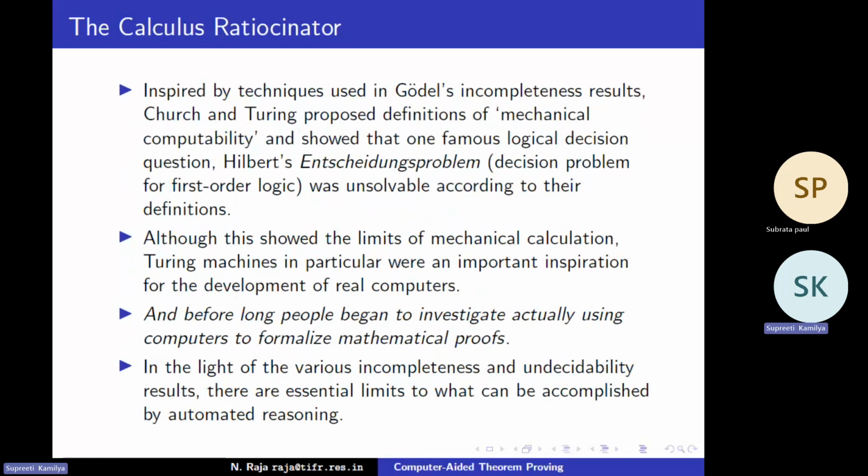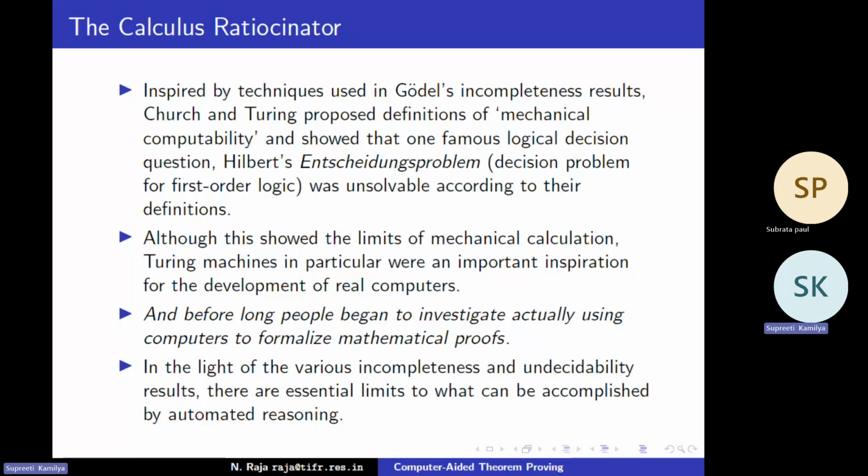After that, inspired by Gödel's incompleteness results, there is the work of Church and Turing. They proposed definitions of mechanical computability. And there is Hilbert's Entscheidungsproblem, which is the decision problem for first order logic. This was again shown to be unsolvable according to the definitions that these people came up with. All this work, even though it looks like all negative results, showed the limits of mechanical calculation.